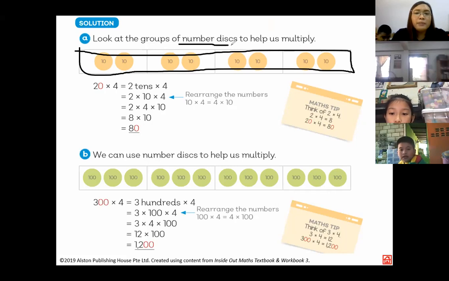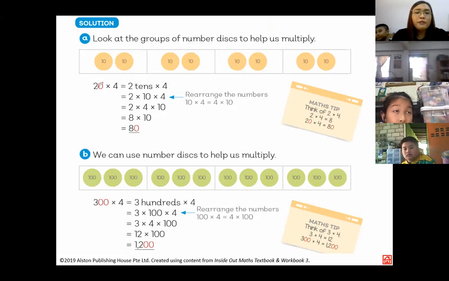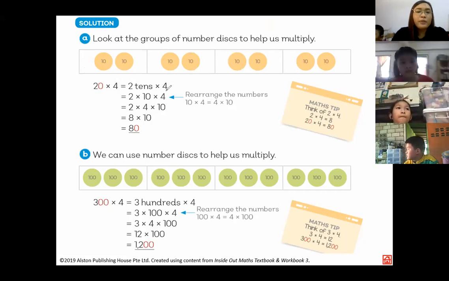So here's the solution. First we write the number like this: 20 times 4 is the same as 2 tens times 4.